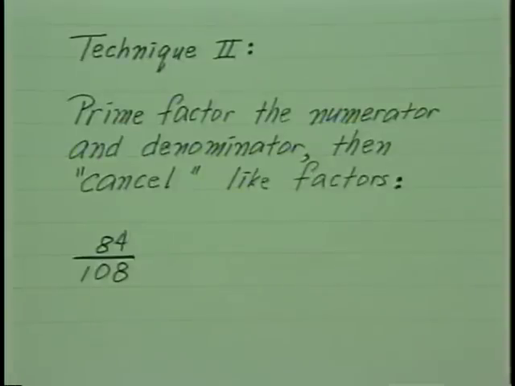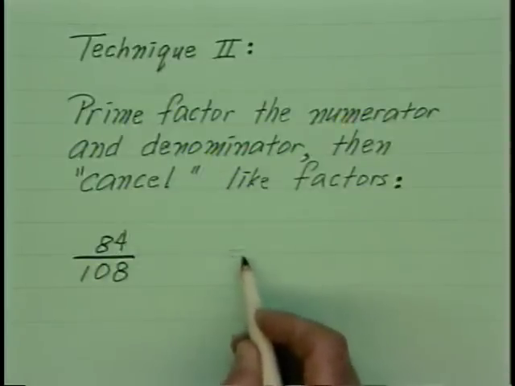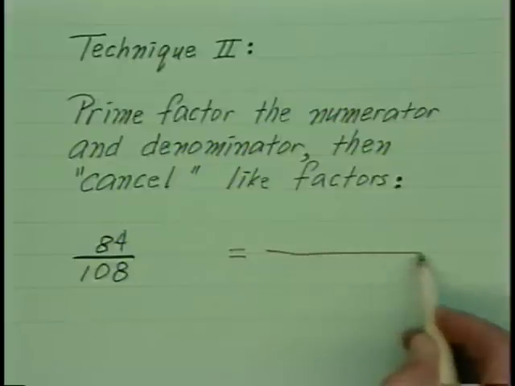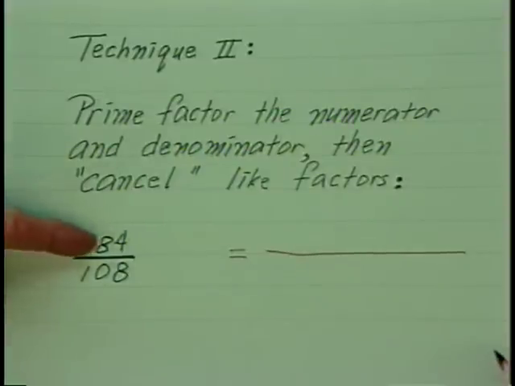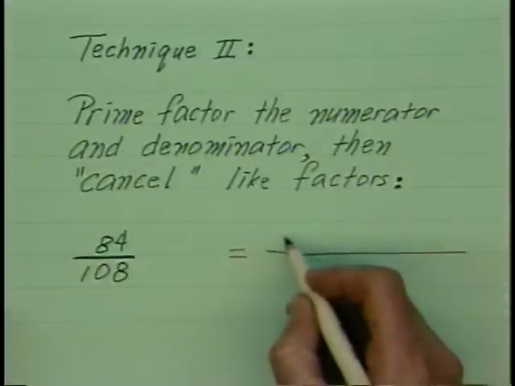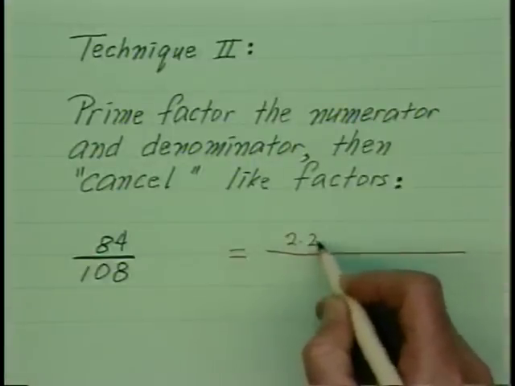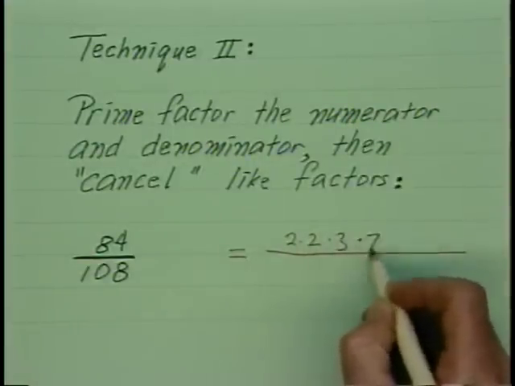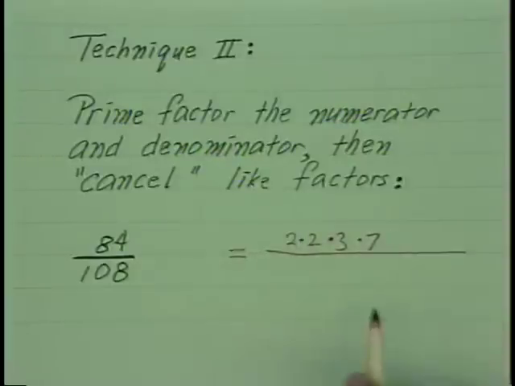The second technique suggested by your textbook suggests that we prime factor the numerator and denominator. And if we did in this case, the 84 would prime factor into 2 times 2 times 3 times 7. I won't show you the work here. Again, we're presuming that you're quite good at this from previous lessons and the previous chapter.